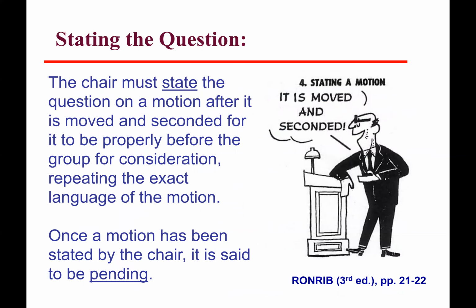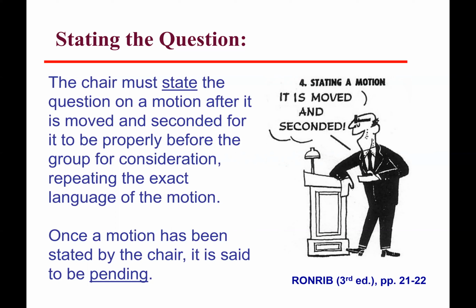Okay. Stating the question. As I said before, the first steps that bring this to the place where it can be debated are to make the motion, to have it seconded, and then the chair has the obligation to state the question on the motion for it to be properly before the group for consideration.